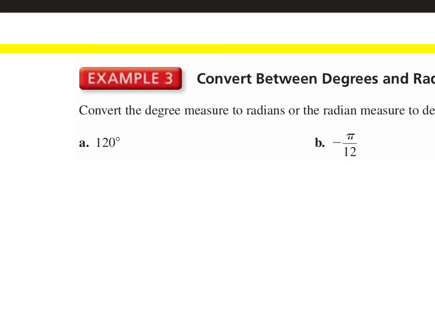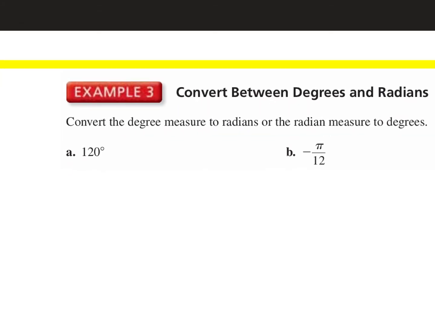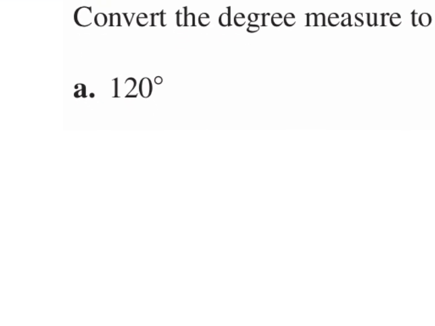Convert the degree measure to radians or the radian measure to degrees. What do we have here? A degree. So what do we have to do to change this to radians? Multiply by what? Pi over 180. So we can simplify. We can take out a 10 here.